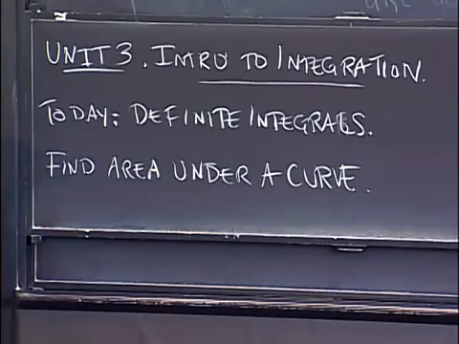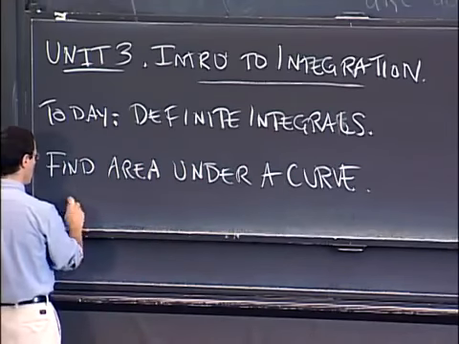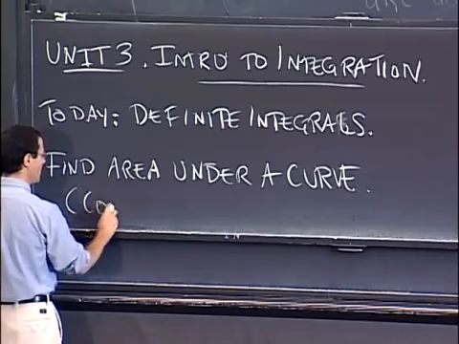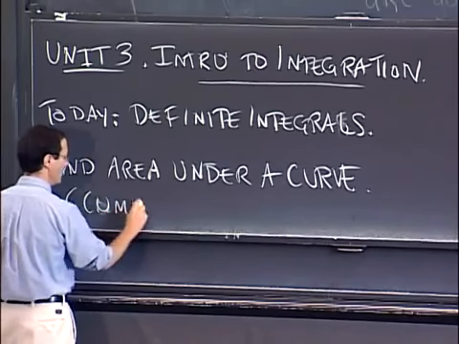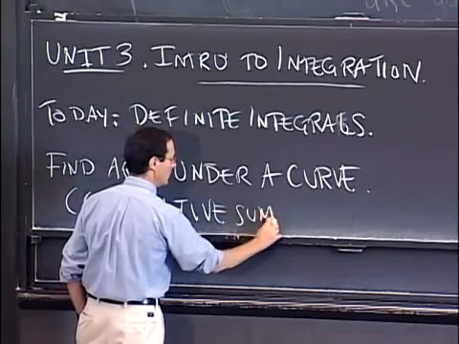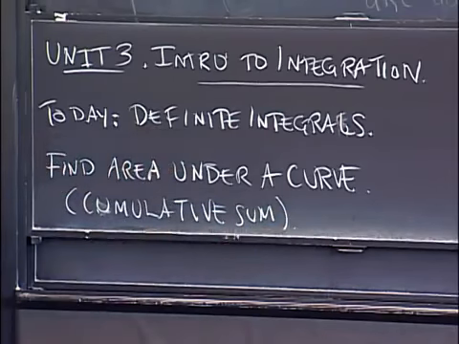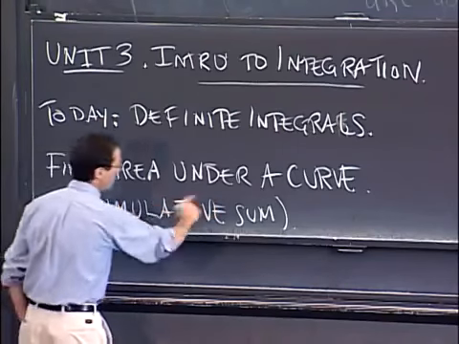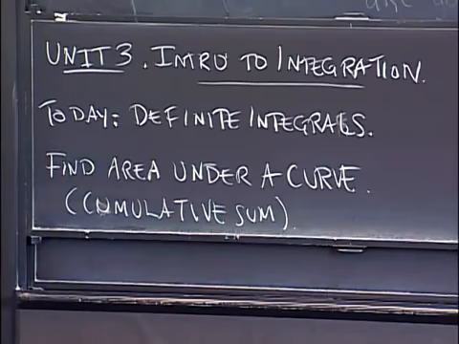The other point of view that one can take, and we'll mention that at the end of this lecture, is the idea of a cumulative sum. So keep that in mind, that there's a lot going on here, and there are many different interpretations of what the integral is.